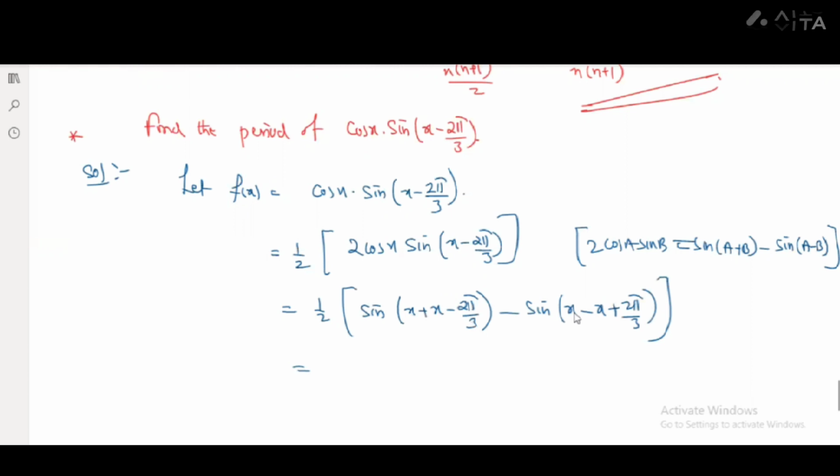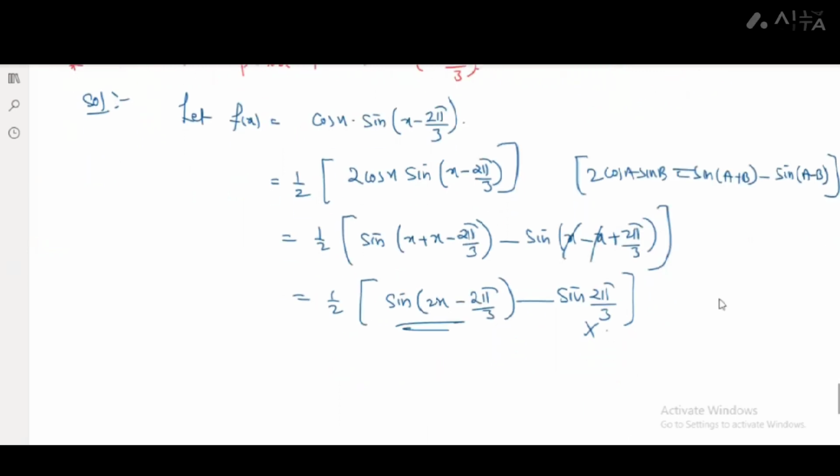According to the formula, 1 by 2 into sin of 2x minus 2 pi by 3, minus, x and x get cancelled, sin of 2 pi by 3. So this is a constant value, and for this we will not take a period. Only for the other function should we take the period. If you multiply the 1 by 2 inside, it is 1 by 2 sin of 2x minus 2 pi by 3 minus sin 120, and sin 120 is root 3 by 2, so it becomes root 3 by 4.